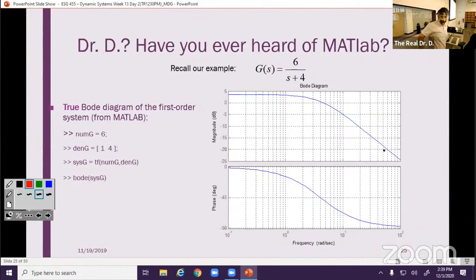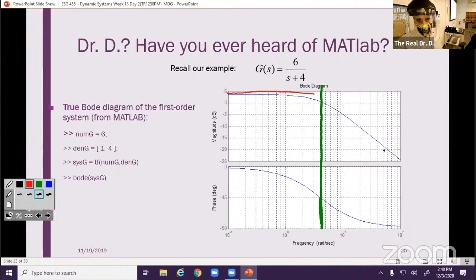Right here. Look, the asymptotes still are holding, right? Most easily notable, 1, 2, 3, 4. As you can tell where the corner frequency is, right? And again, you'll have something like that.